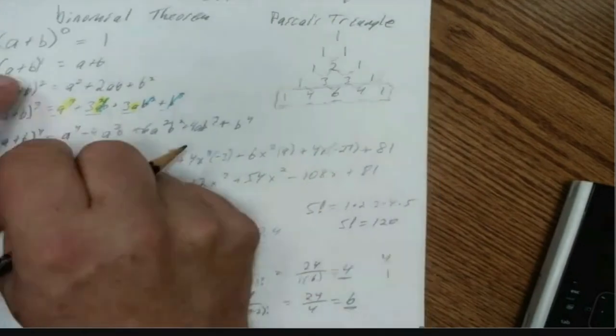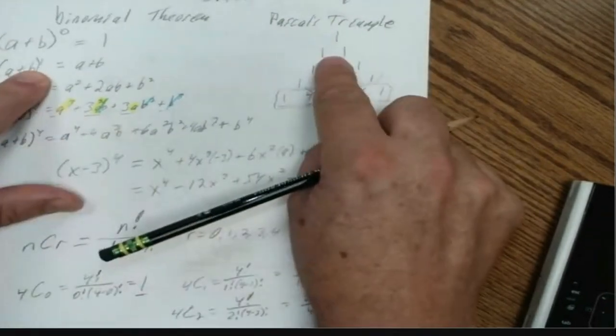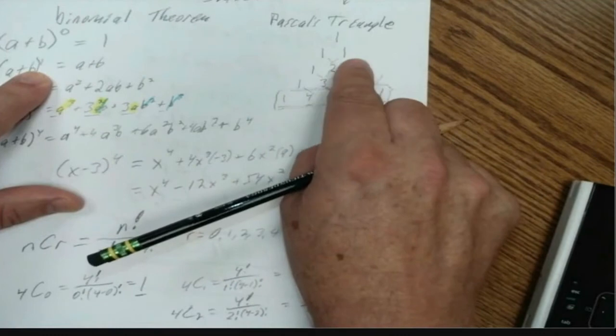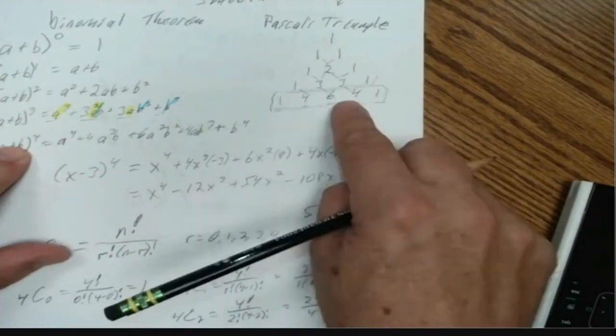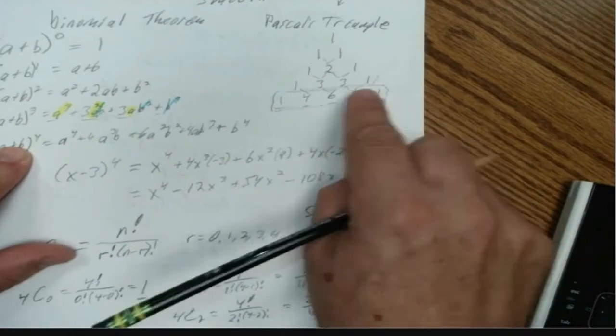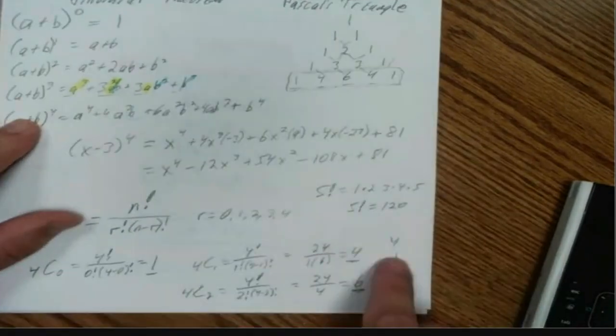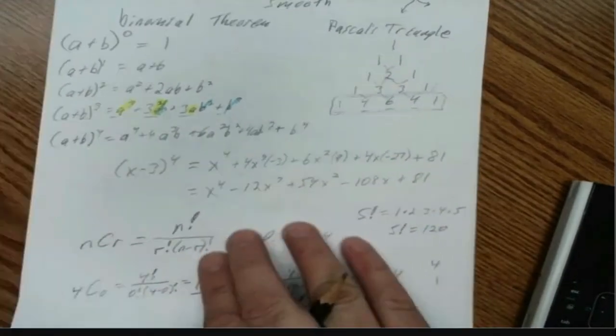Because whatever this power is, there's one term more. First power, there are 2 terms. Second power, 3 terms. Third power, 4 terms. Fourth power, 5 terms. So for the 15th power, we'd have 16 terms, but we could figure out what they all are here. Or you can just keep building your triangle down till you get to the 16th. Pretty cool stuff. Cool shortcuts.